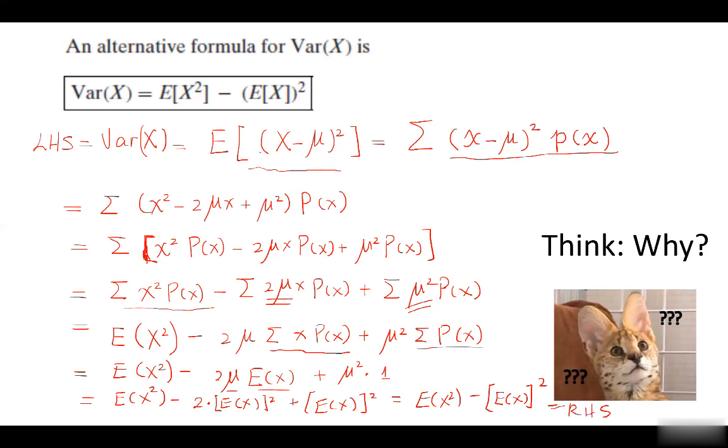So in this way, we proved that this is a property for any discrete random variable, right? And in practice, this formula is used more often than the definition method. Okay, so please write this down in your notebook, and we'll use it to solve some concrete examples in the rest of the class.